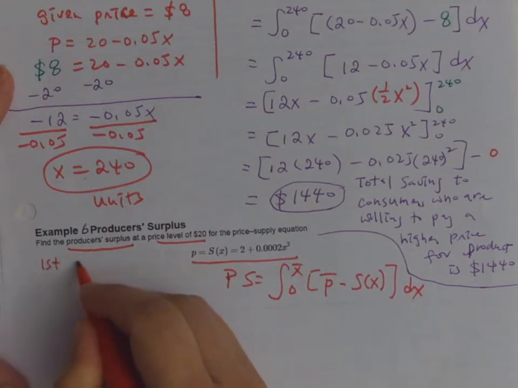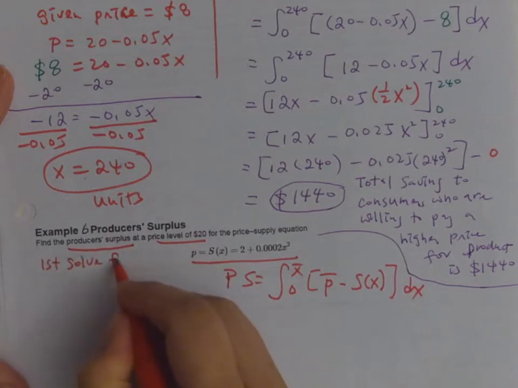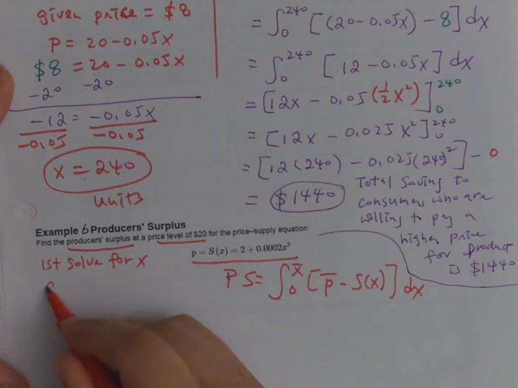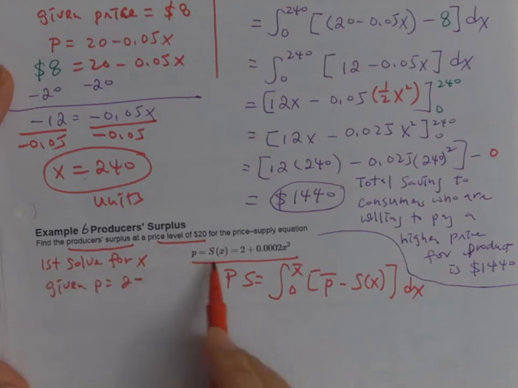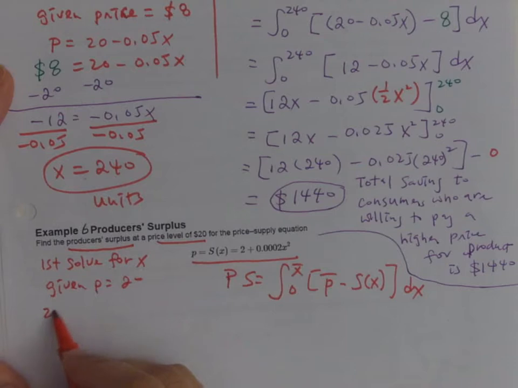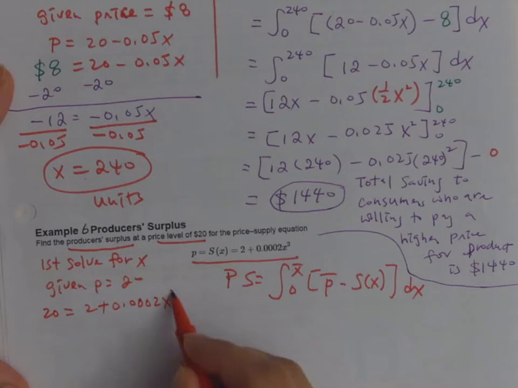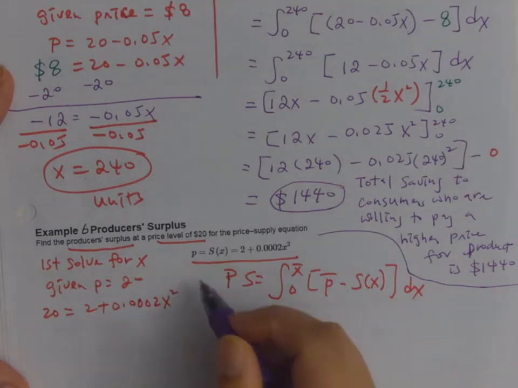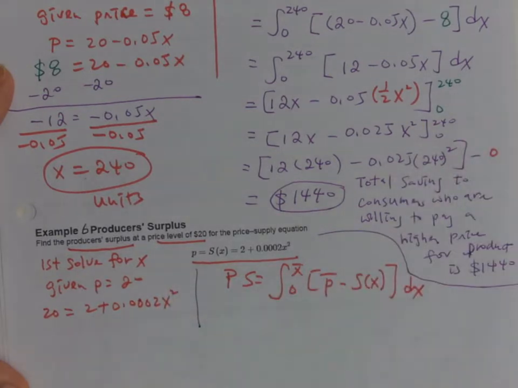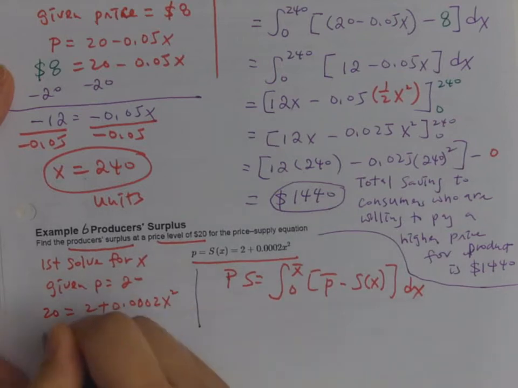First, solve for x, given p equal to 20, right? The price is 20. We can plug it into the price function. 20 equal to 2 plus 0.0002 x squared. All right, let's see. So first I need to subtract 2 from both sides, right? Subtract 2.